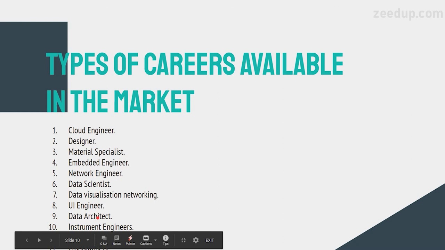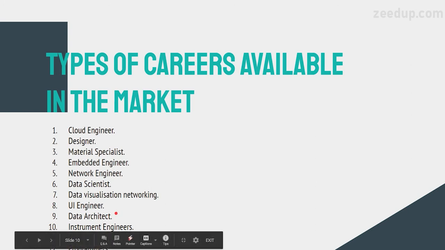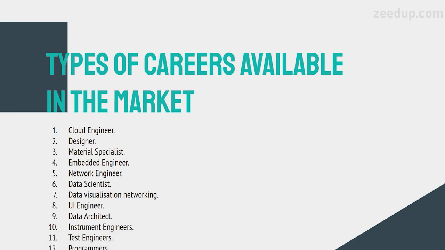The data architects design the data model. And instrumentation engineers are responsible for handling actuators and sensors for the closed loop system. Test engineers test the functional aspects of IoT devices. And the last one, the programmers, who program the backend and integrate it with the middleware and cloud database.